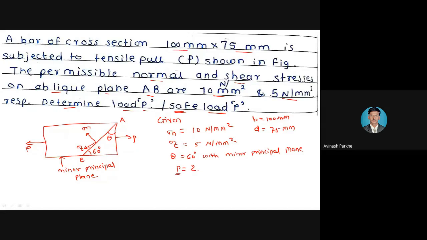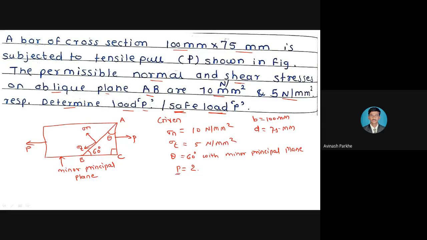But here the angle is given with the horizontal plane. So what we have to do: ABC in the figure is a right angle triangle, and in that triangle two angles are given. One is 90 degree, another is 60 degree.